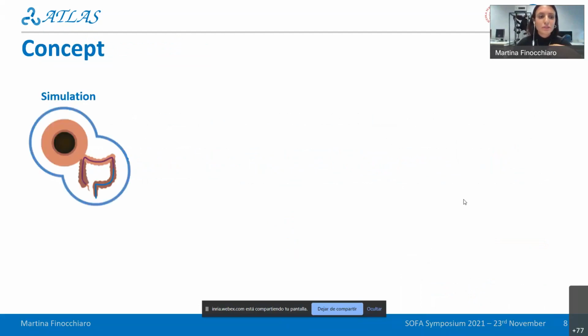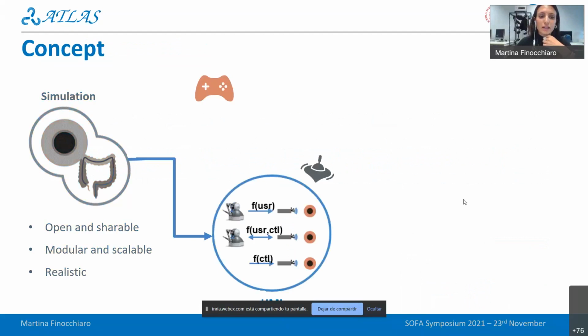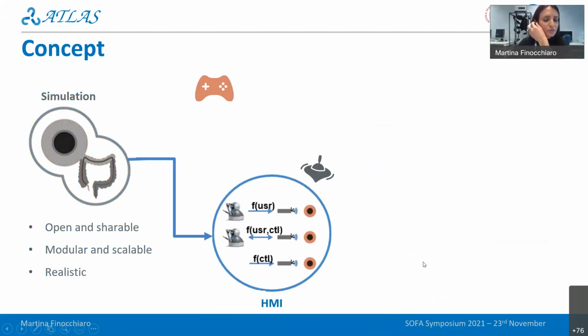Well, the idea is to create a simulation environment for the intraluminal procedure, which in my case is colonoscopy, that should be open and shareable, modular, scalable, and realistic in terms of timings, mechanical and visual rendering. Then implement different human-machine interfaces in this simulated environment.